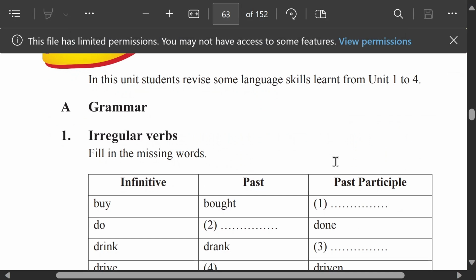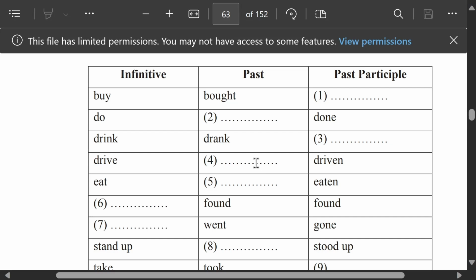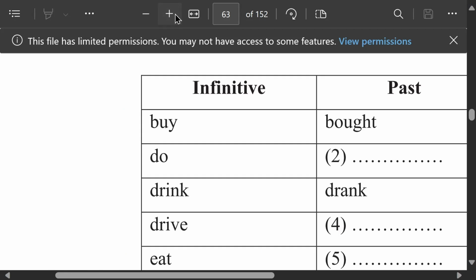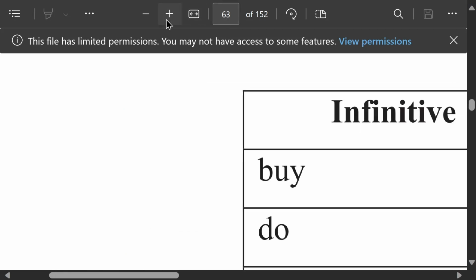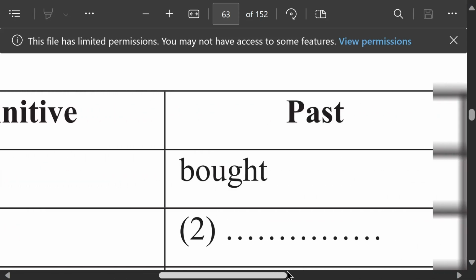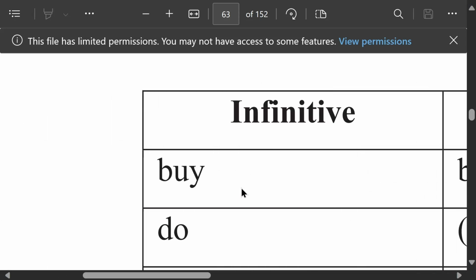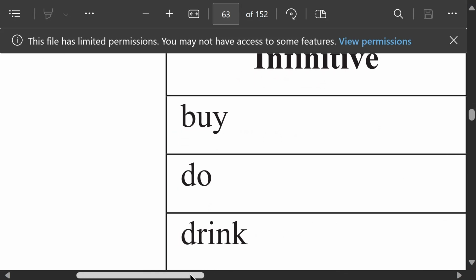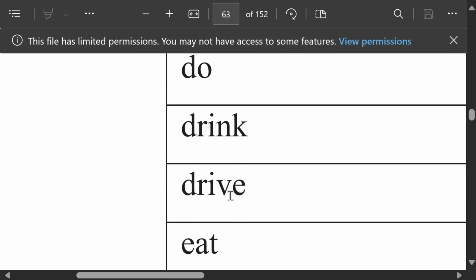Some grammar revision, irregular verbs. You remember all these? Buy, bought, bought. Do, did, done. Drink, drank, drunk.